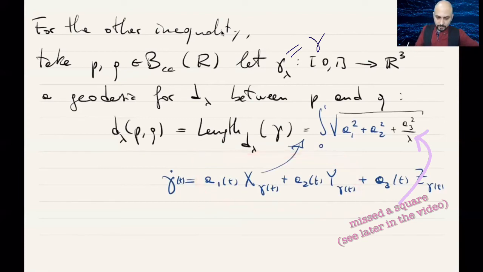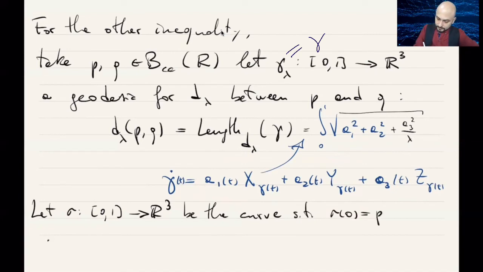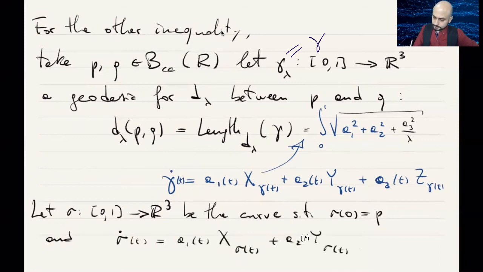So let sigma from 0,1 to R3 be a horizontal curve, starting at P, and its derivative at time t is equal to a1(t) X at sigma(t) plus a2(t) Y at sigma(t).